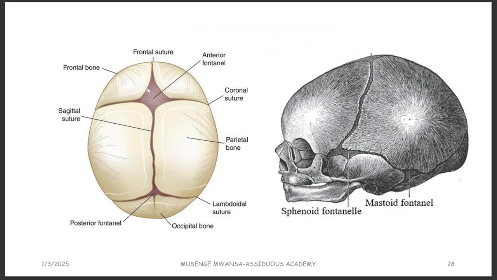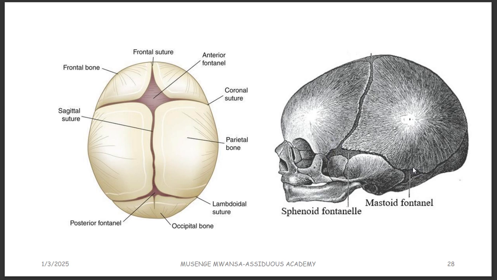And then the fontanelles. These are portions that have not yet ossified. Can you see we have the anterior fontanelle, and it looks like a diamond right there. You have the posterior fontanelle, and then on the sides the sphenoid fontanelle. This one is in front, so we also call it the anterolateral fontanelle.